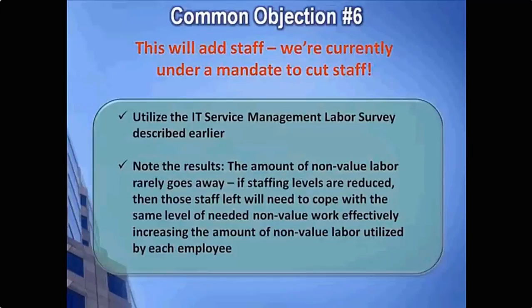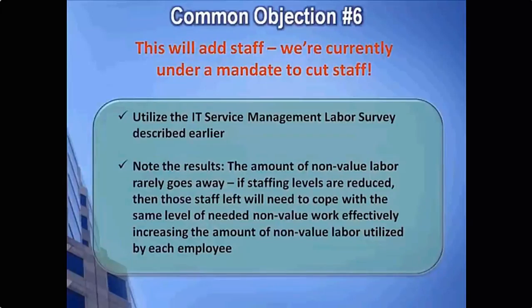You may see this, especially in today's economic challenges. We can't add staff. We're currently under a mandate to cut staff, so we just don't have the staff to do this effort.